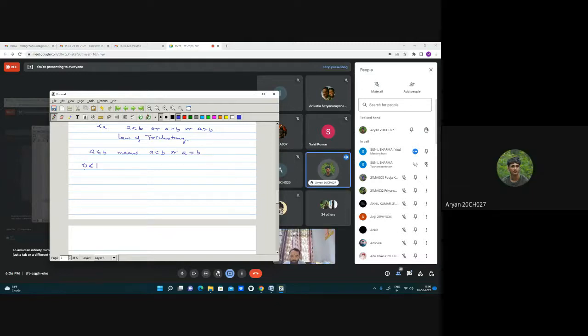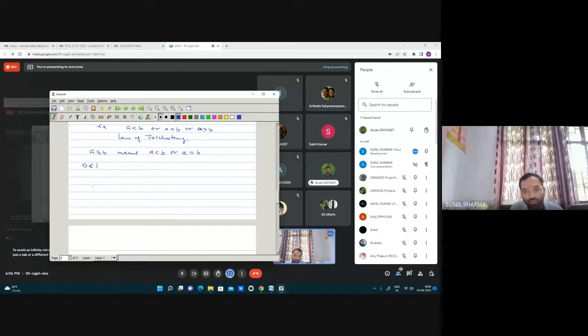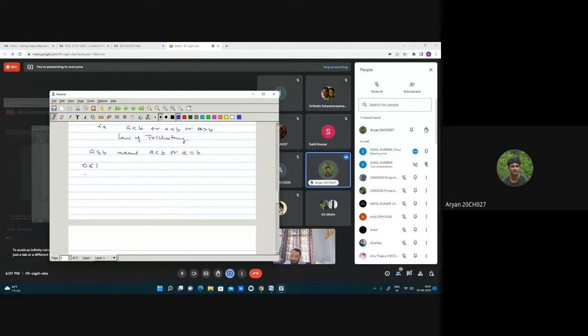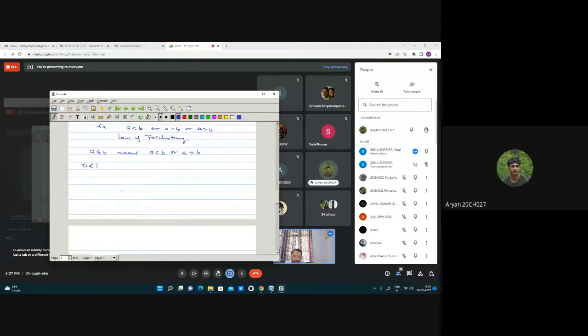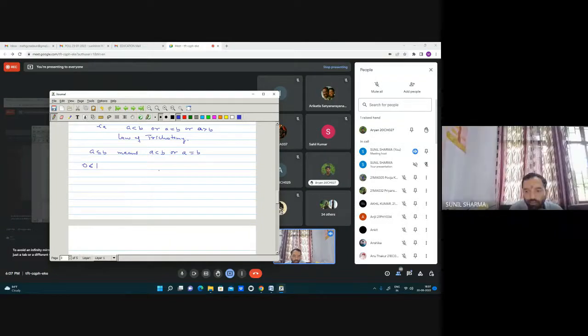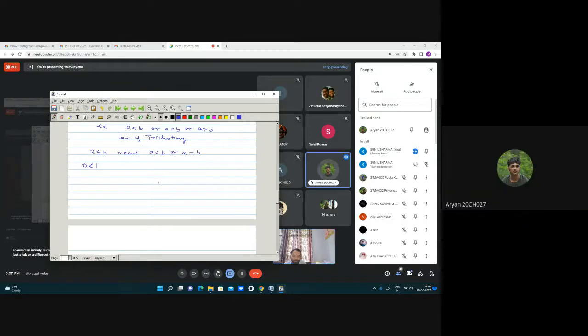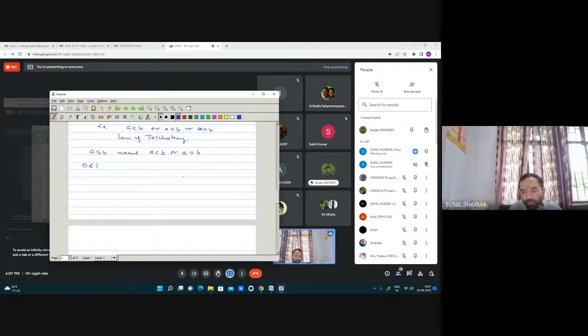Sir, to show that 0 is less than 1, I can prove it using the transitive property. How can you prove this? By taking its arithmetic mean, it lies between them. The arithmetic mean of 0 and 1, it lies between them, like 0 is less than 1 by 2 and 1 by 2 is less than 1. How do you know that 0 is less than 1 by 2?